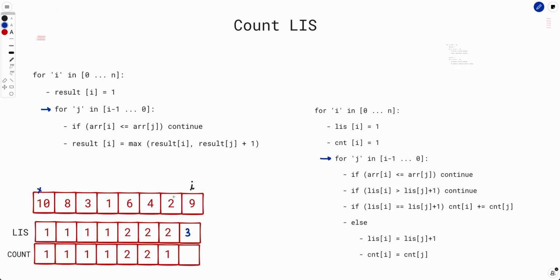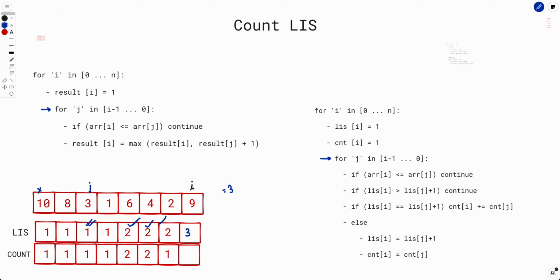So for example, let's say this is i and j is here. In this case, you will see that the LIS of i is already 3, right? Because of these elements. So when you reach 3, you say that the maximum possible LIS here is 2.